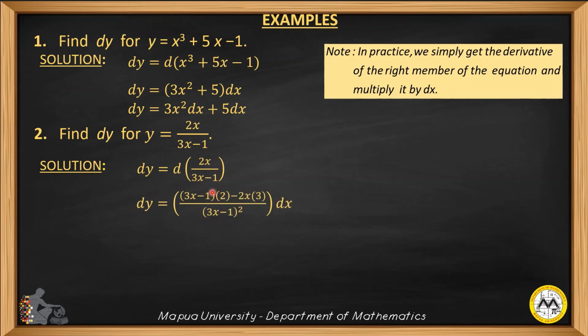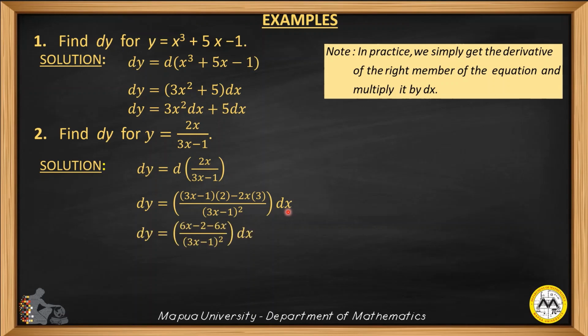So differentiating 2x divided by 3x minus 1, the derivative is given by 3x minus 1, the denominator, times the derivative of the numerator, which is just 2, minus the numerator 2x times the derivative of the denominator, which is just equal to 3. This is to be divided now by the square of 3x minus 1. So the differential is equal to the product of this expression with dx.